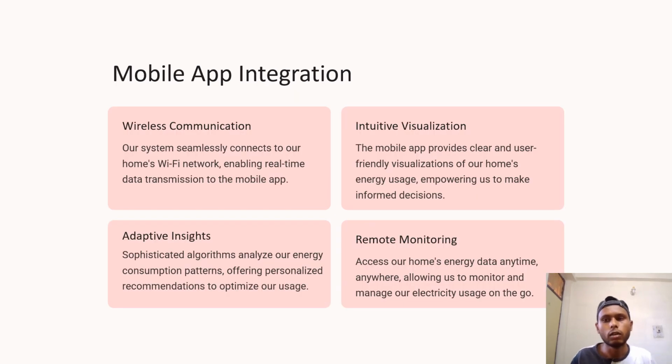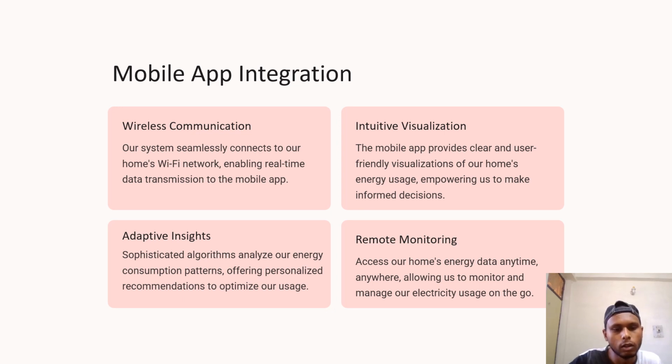Then with this data we can use Arduino here. This data will be connected to the mobile application. We will use our home's Wi-Fi network for good internet data so that we can transmit those data to the mobile application, and from that data we can calculate the power consumption of electricity in different parts of our home.